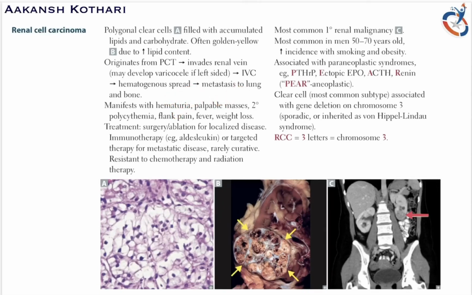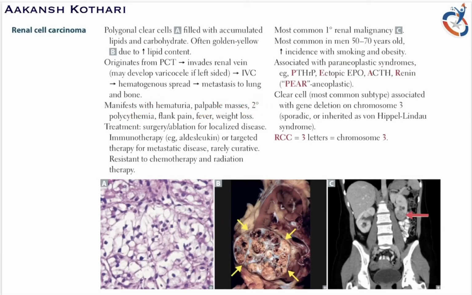It can also present with secondary polycythemia, fever, or weight loss, since these are paraneoplastic syndromes associated with renal cell carcinoma.